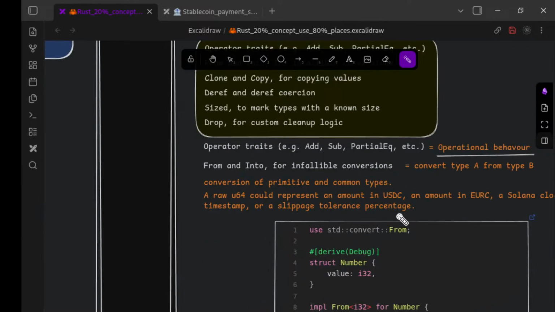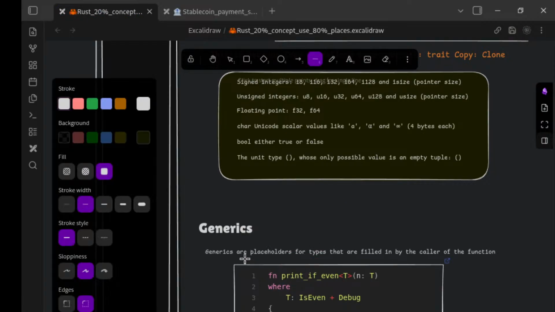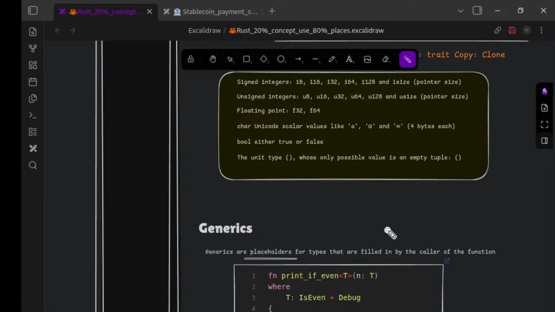And generics is a placeholder, right? Generics is a placeholder on the places of types. It is important for us because without generics we can't write dynamic or clean programming.